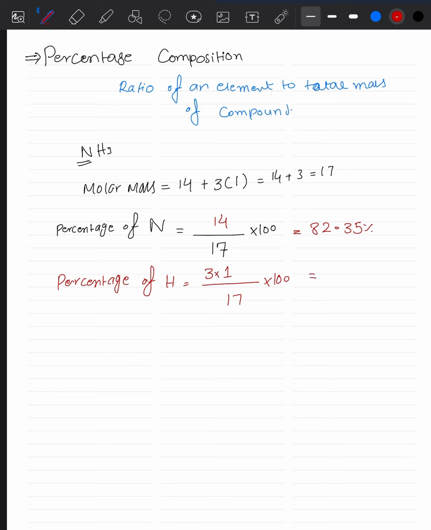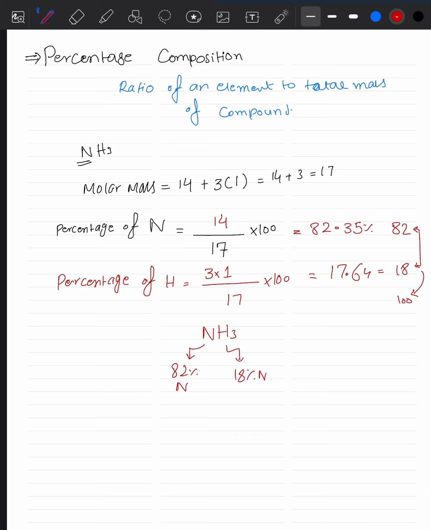So it will be 3 over 17 into 100, which is 17.64. If I round off, this is 82 and this is 18, and if we add up all the percentages, we get 100. In simple words, in ammonia we have 82% nitrogen and 18% hydrogen.